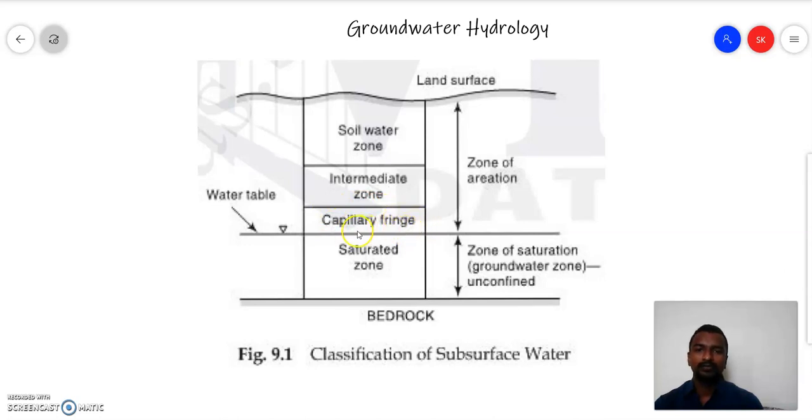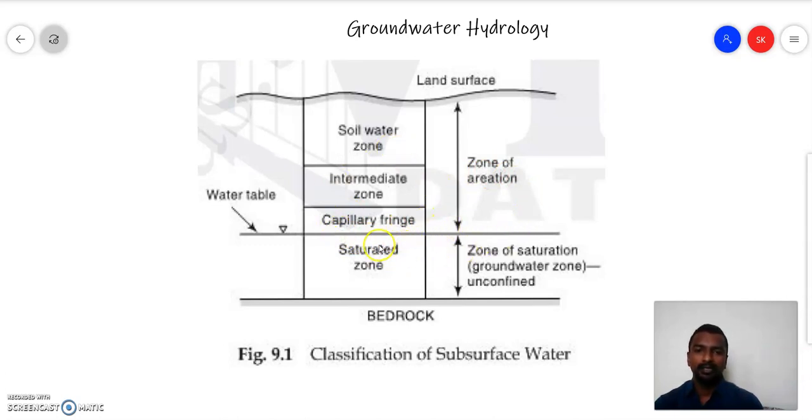This zone starts from the water table, which is the top surface of the saturated zone, up to where the capillary can rise, or we can say up to the intermediate zone. So this is the capillary fringe. This is all about the classification of subsurface water.